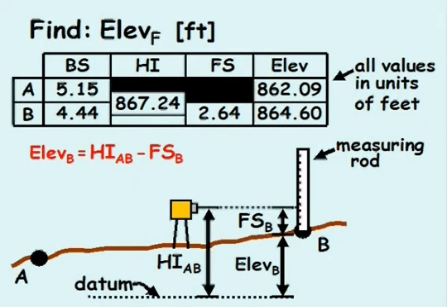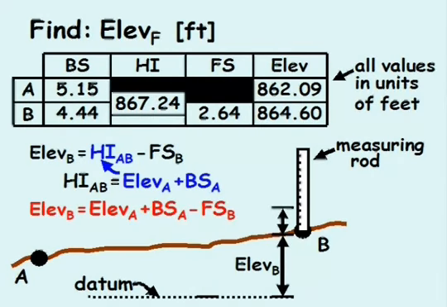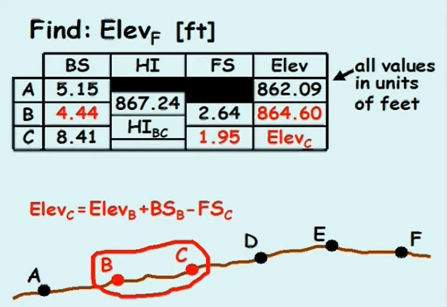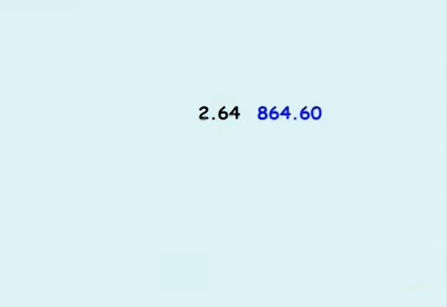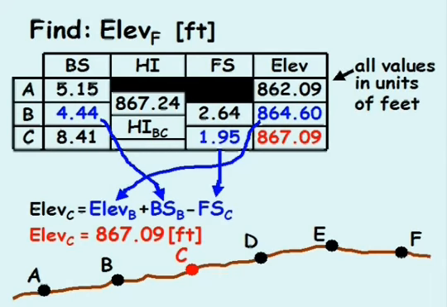But previously, we already solved for the height of the instrument as the elevation at point A plus the backsite reading to point A. Substituting in the height of the instrument, we can equate the elevation of point B to the elevation at point A plus the backsite to point A minus the foresight to point B. We can use this equation to find the elevation at point C by knowing the elevation at point B and the backsite to point B and the foresight to point C. The elevation at point C equals 867.09 feet.